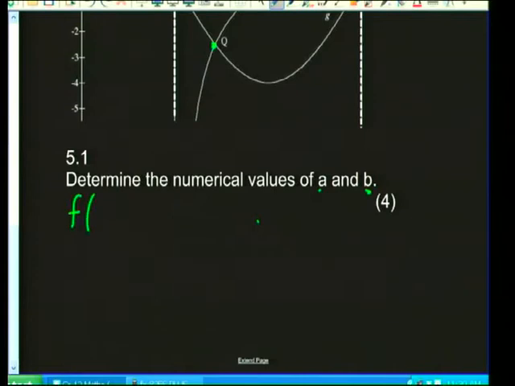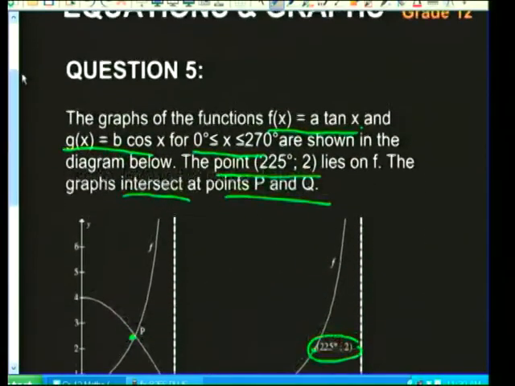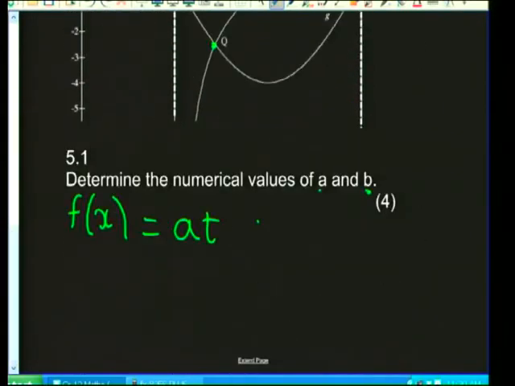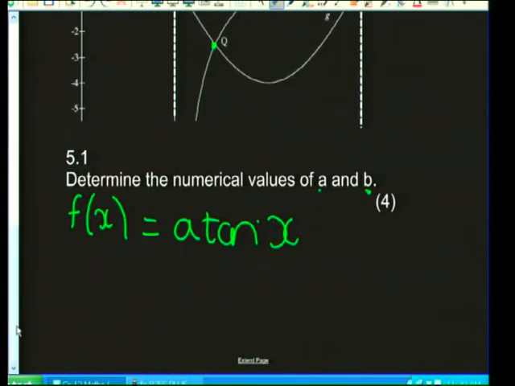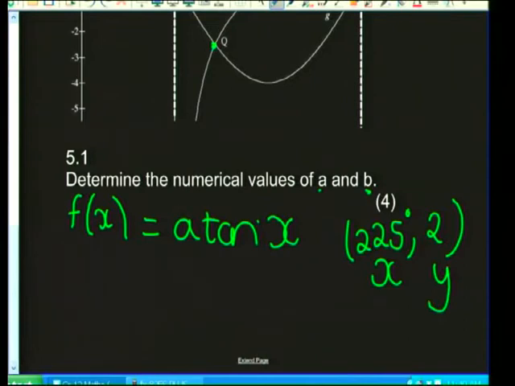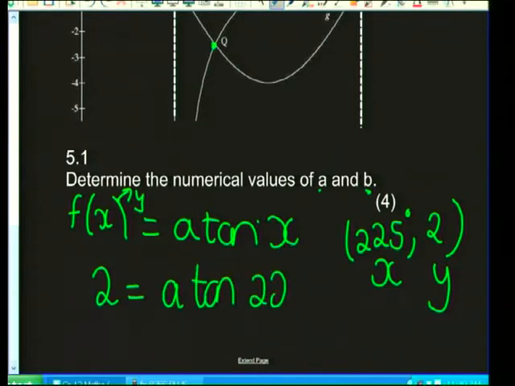So f of x was a tan x, and the point that we're given here is 225 degrees and 2. This is your x, this is your y. And remember, f of x is the same as saying y, so this represents y. So 2 is equal to a tan 225 degrees.